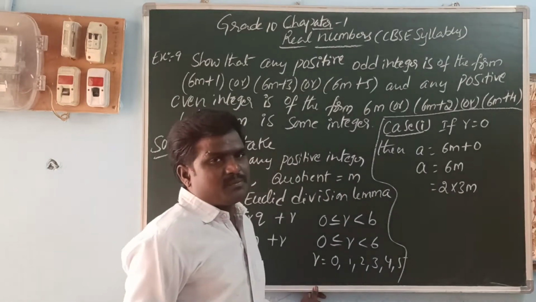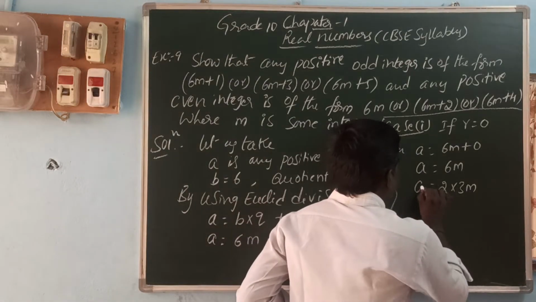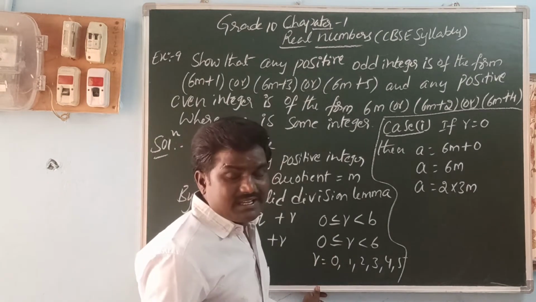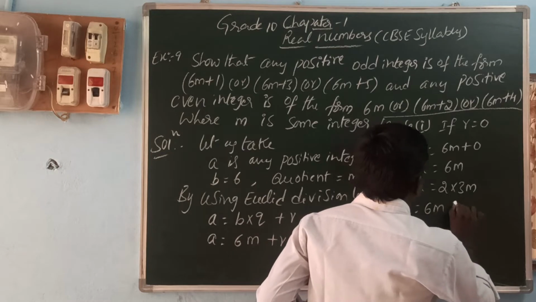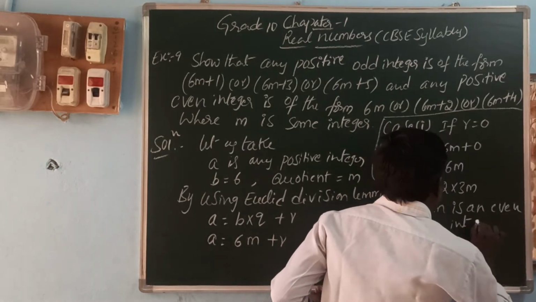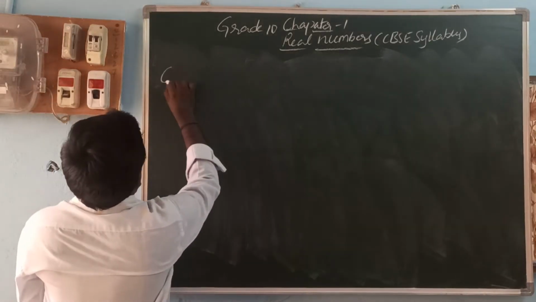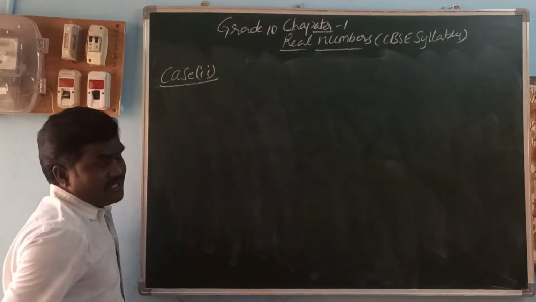A number which is a multiple of 2 is called an even integer. So we can write 6m as a multiple of 2. Therefore, a is equal to 6m is an even integer. So in case 1 we proved it is an even integer.